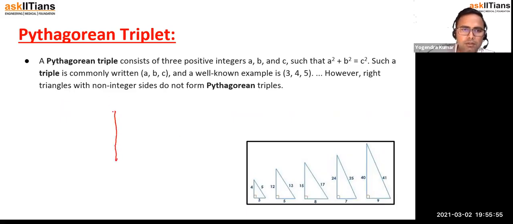Let me write in detail here. This is our hypotenuse.